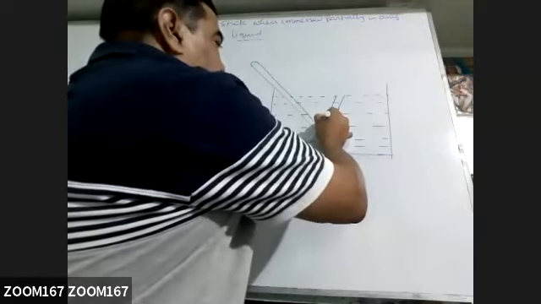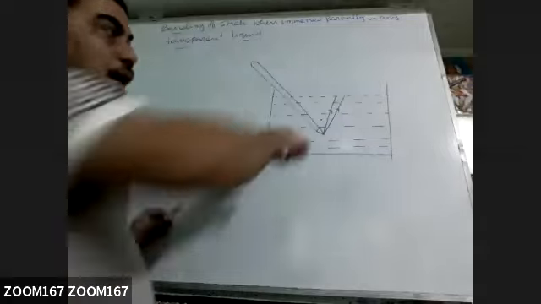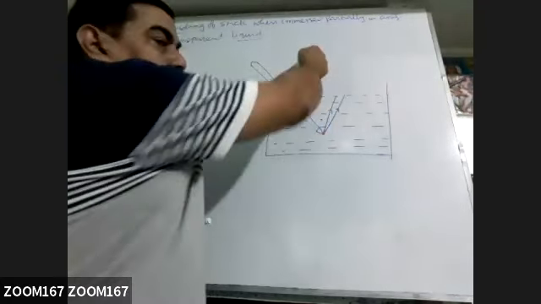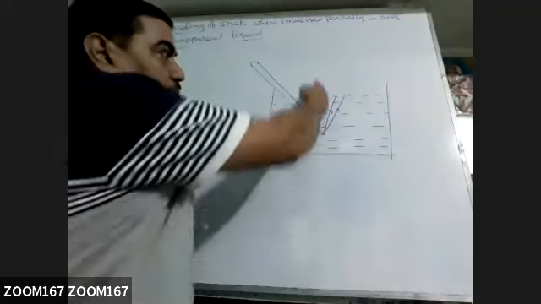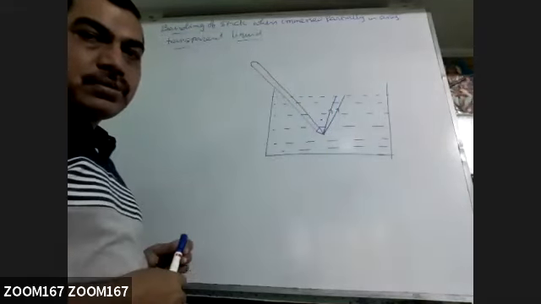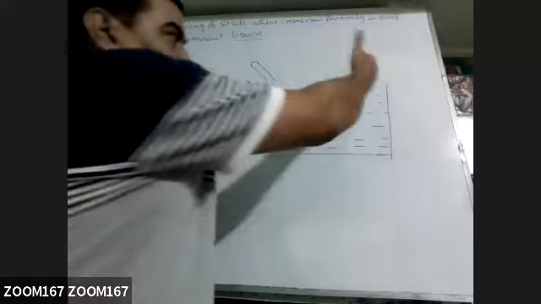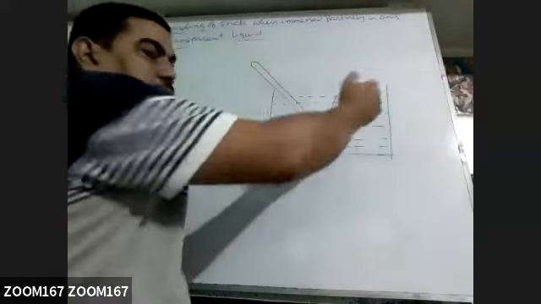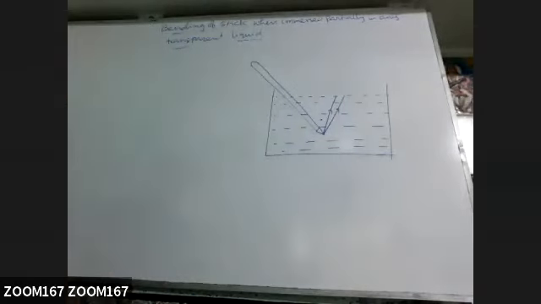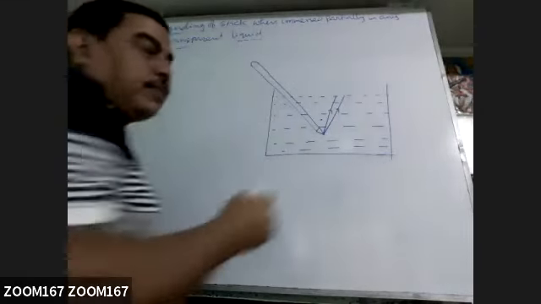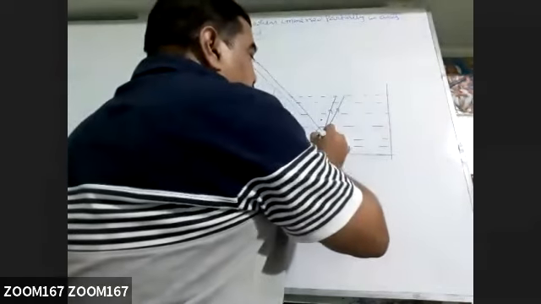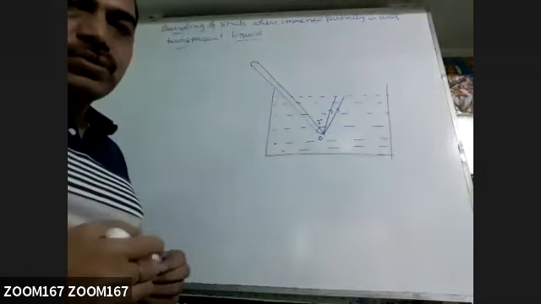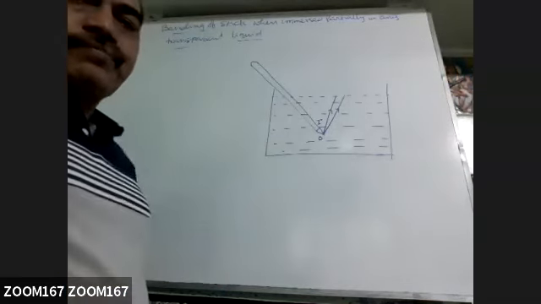There will be shift. As we are viewing not normally, the shift will not be in the same line. That is, the image will not appear in the same line. So when you view from here, it will be shifted this side. When you view from this side, it will be shifted that side. So beforehand, we will say this is our object and this is our image. The image we have decided. We will show it here.